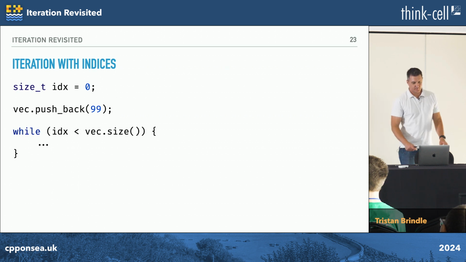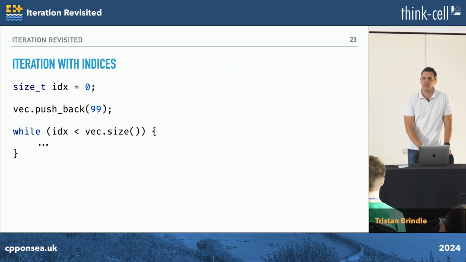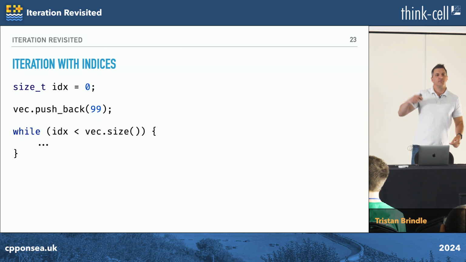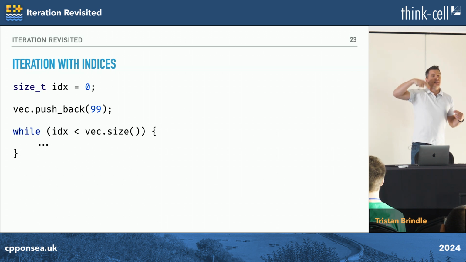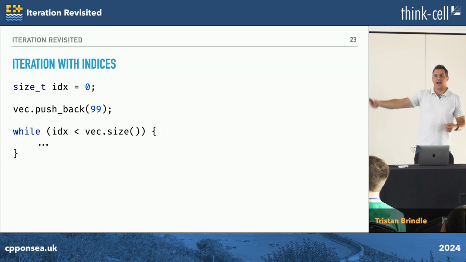Okay, this is the last example. This is the one that I really, really hated. This is the one that upset me. So previously we were initializing iter with vec.begin(). Now we're initializing index to the start of the vector, so index 0. Then we're performing a push_back.